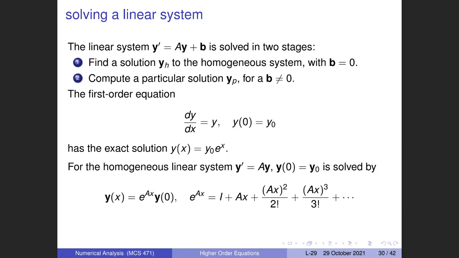You look at the solution of the homogeneous system, and that is entirely determined by the matrix A. And in a way, what the slide also suggests is that when we looked at the test equation, the general format of the solution can be written as an exponential times the initial condition. And we can generalize this.